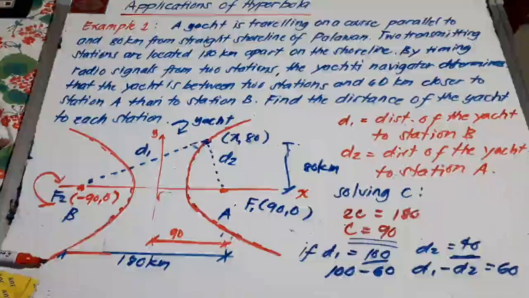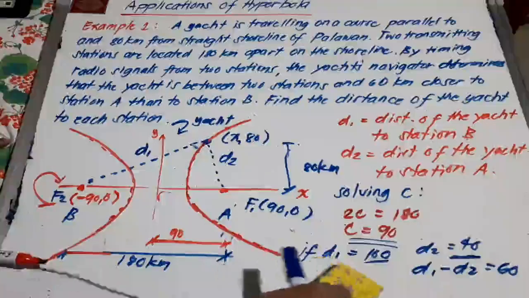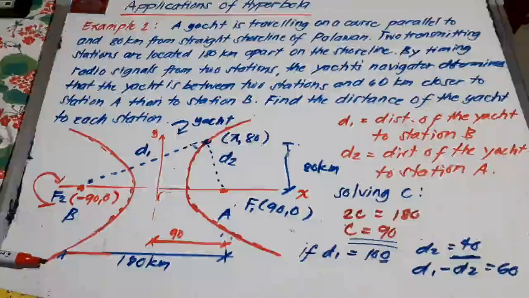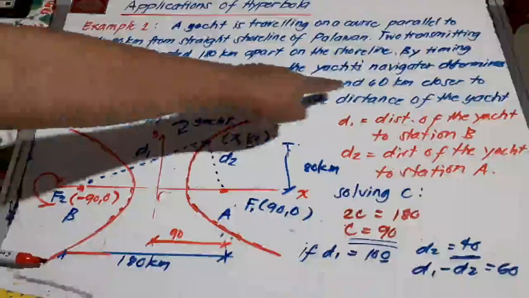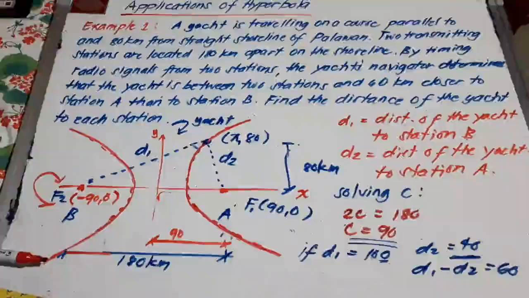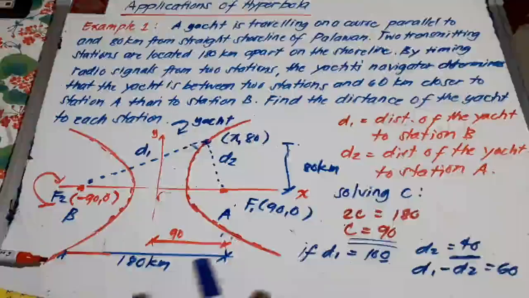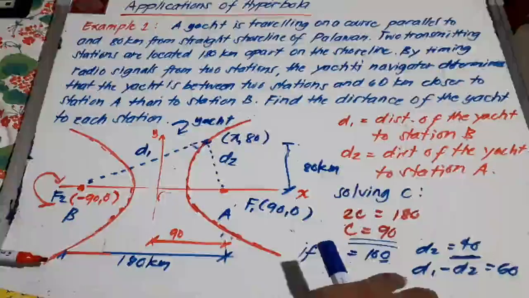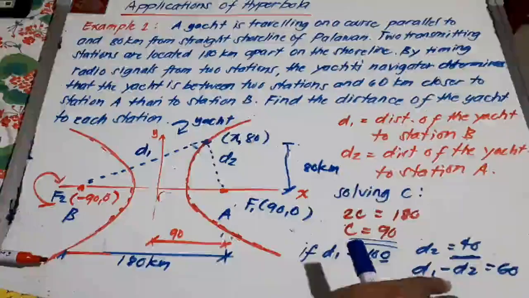Okay? Ibig sabihin, ang difference ng distances nila is equal to 60 kilometers. Yun yung ibig sabihin ng 60 kilometers closer to station A than to station B. Therefore, we have a new equation, and that equation is D1 minus D2 equals 60.